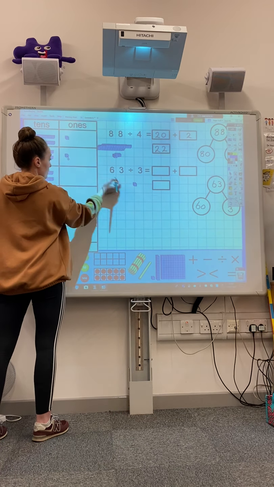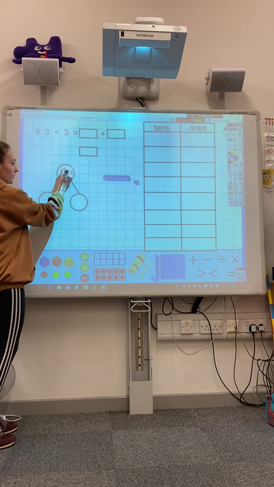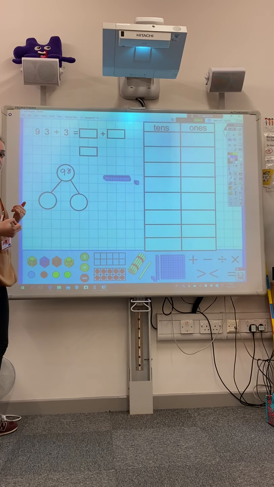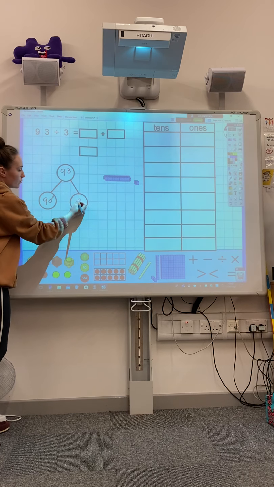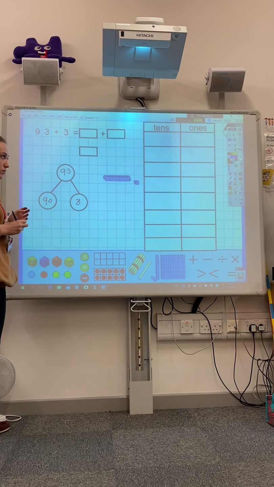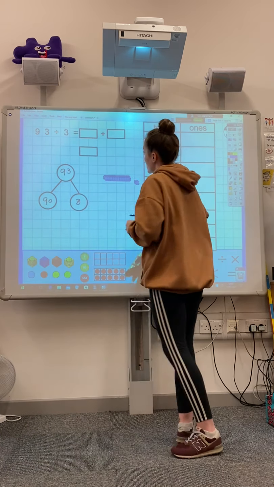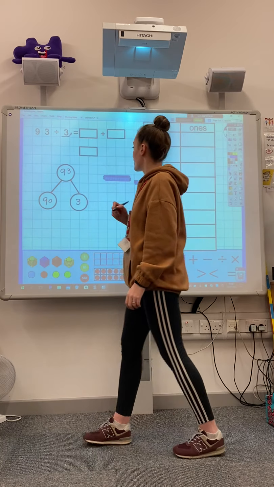Now I've got 93 divided by 3. So again, I'm going to write my whole at the top, 93, splitting into 10s and 1s. So 9 10s would be 90, 3 1s would be 3. And then I'm going to split into 3 groups because again, I'm dividing by 3.